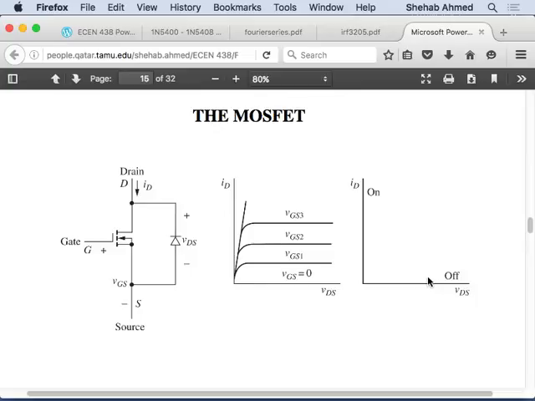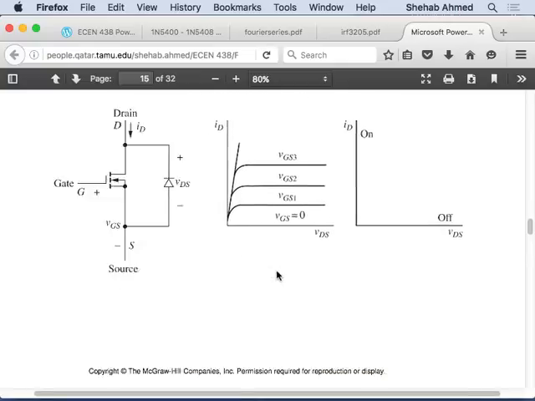I'm able to block positive voltage, and I'm able to control when I allow positive current to flow. When I switch it on, I'm allowing positive current to flow. When I switch it off, I stop allowing current to flow. And we don't care about what's happening in this linear region at all. I just care about triode and cutoff, right?